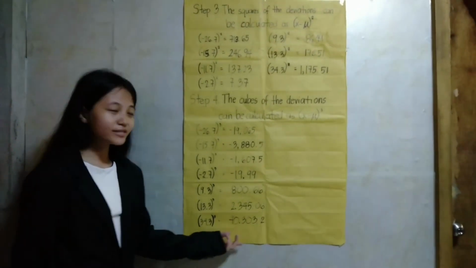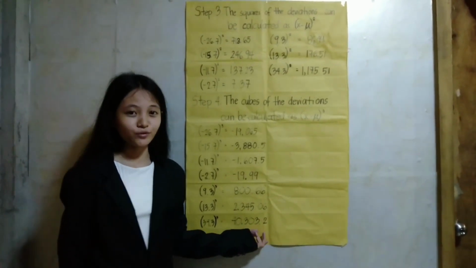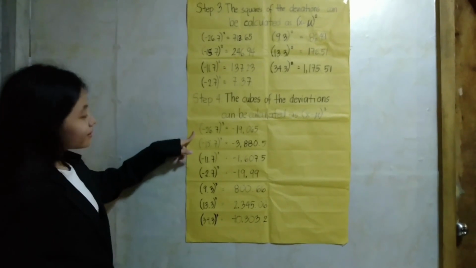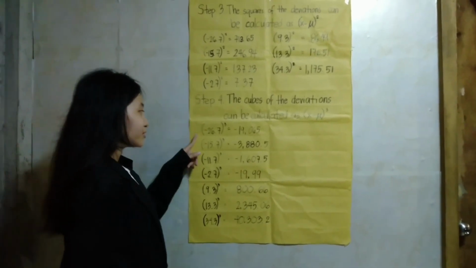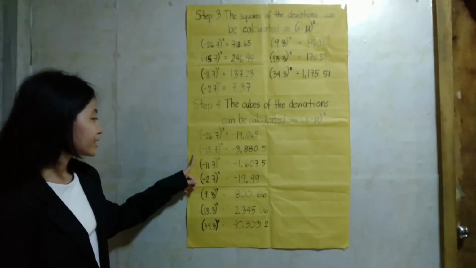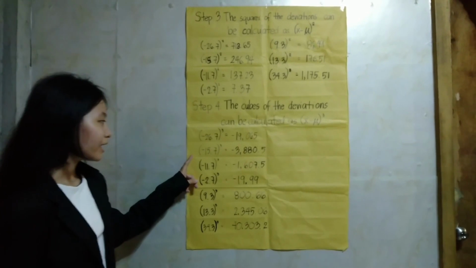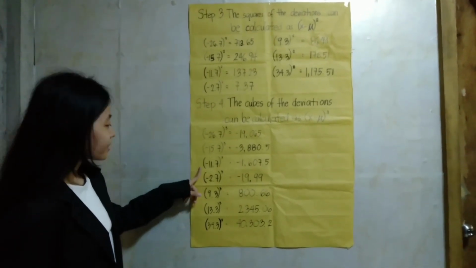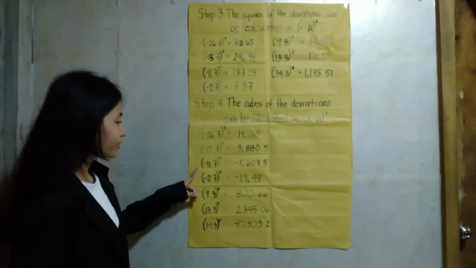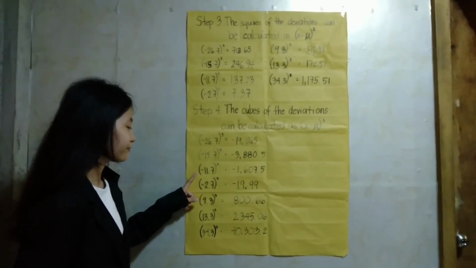Step 4. The cubes of the deviations can be calculated as (x minus mean) cubed. So in step 4, you have to cube all of the results from step 2. So negative 26.7 cubed equals negative 19,065. Negative 15.7 cubed equals negative 3,880.5. Negative 11.7 cubed equals negative 1,607.5.